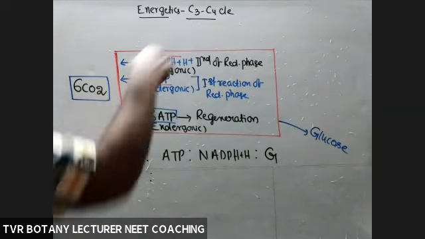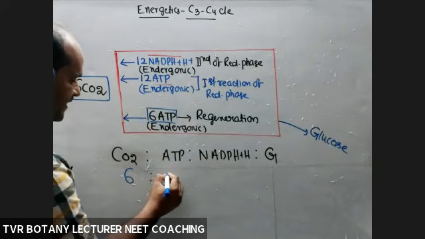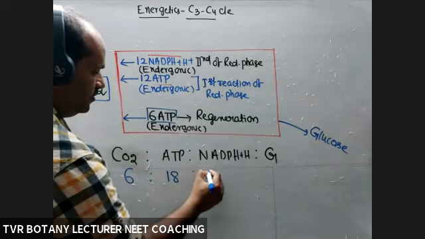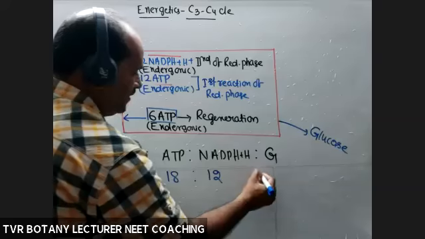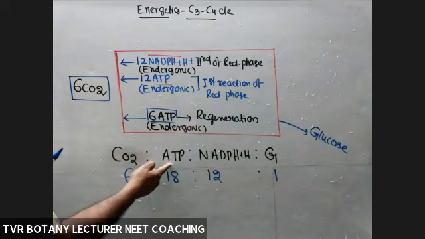I will write over the board. So what about the number of ATP? 12 plus 6, 18 ATP molecules. NADPH, 12. Number of glucose molecules, 1. Okay, right? And separately they will ask you, for example, only one CO2. How many ATP consumed?